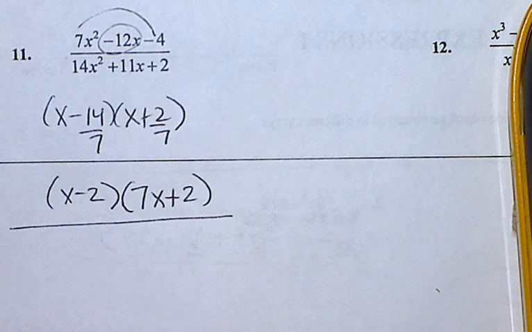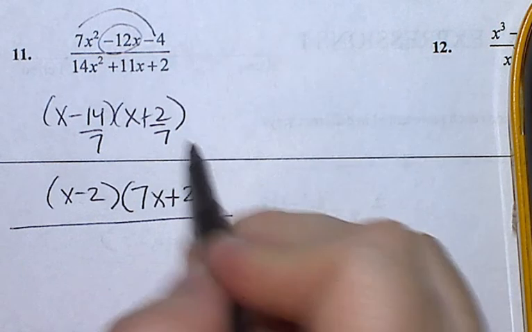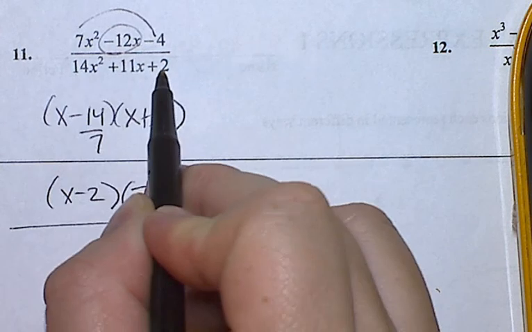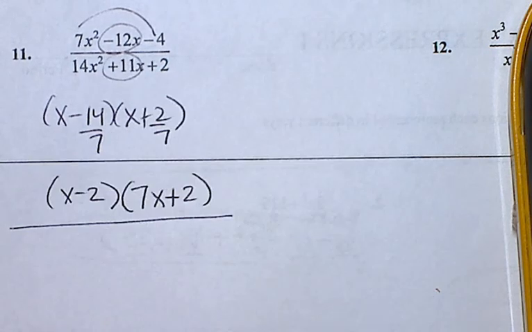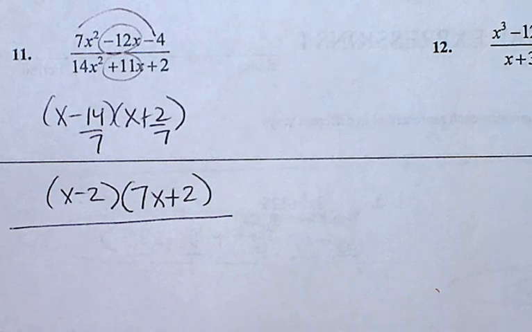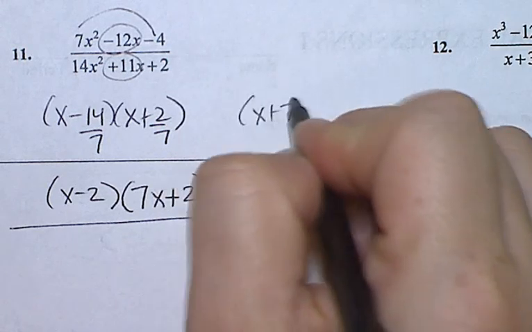Okay, now I'm going to factor the denominator. 14 times 2 is 28. What multiplies to give you 28, once again, this time it's positive, and combines to give you 11? That'd be x plus 7 and x plus 4.